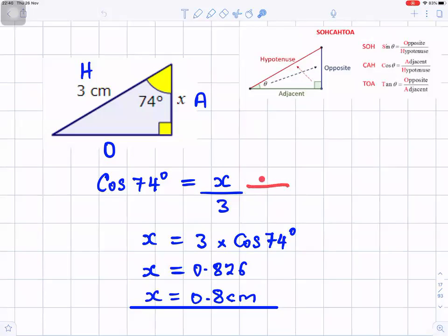It's divided by 3 on the right. So when you take the 3 to the left, it becomes times. So it becomes 3 times cos 74 degrees. And that will give you 0.826. And it's 0.8 centimeters to 1 decimal place.